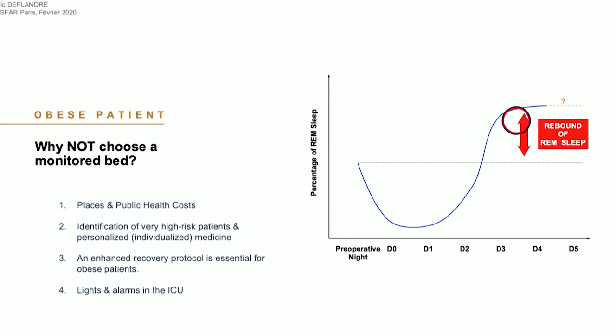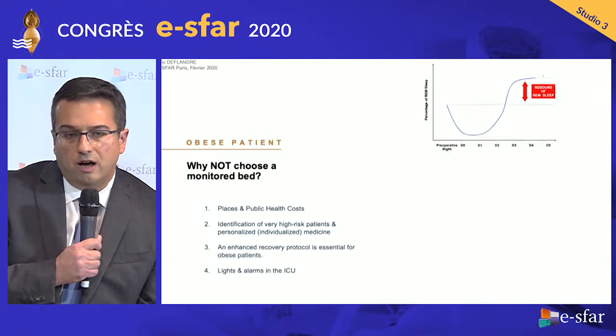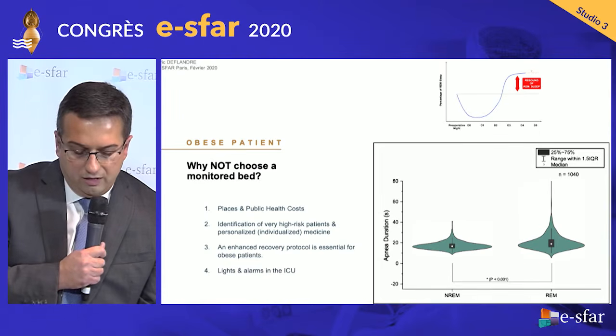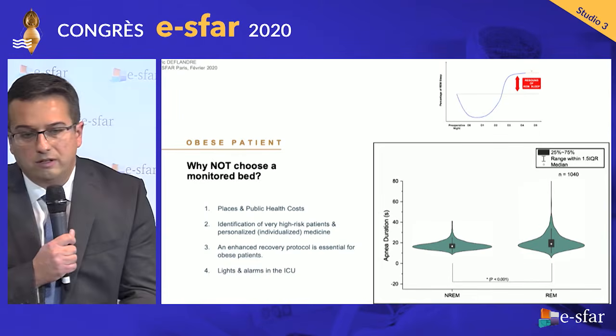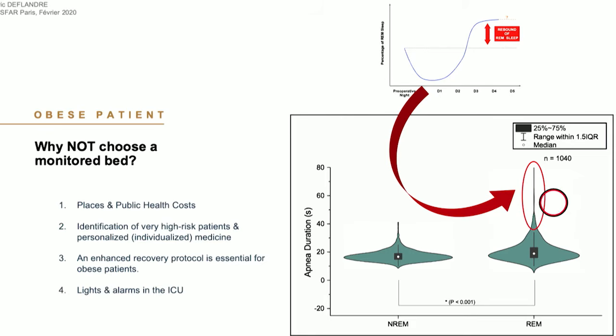And this rebound is of concern because during REM sleep, the duration of the apnea is much longer than during non-REM sleep. You see on the right the duration of the apnea during REM sleep and duration during non-REM sleep. And you see that in REM sleep, you have very, very long-lasting apnea of 60, 80 seconds and maybe more.